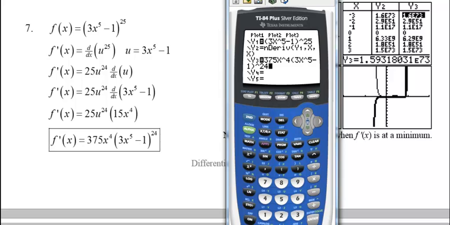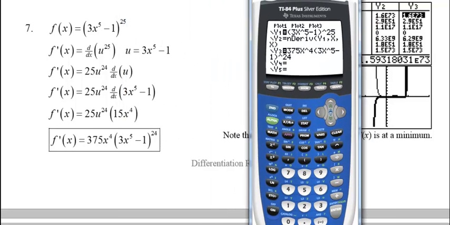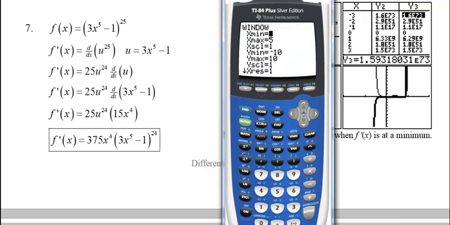Okay, so we think there might be something interesting happening really closer to the x-axis. So let's just start with the zoom standard. And here's the original function.